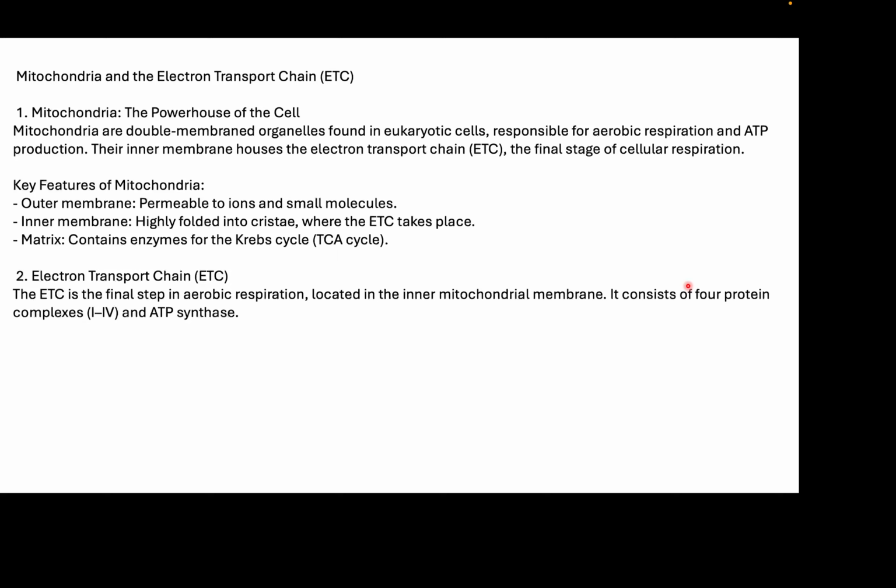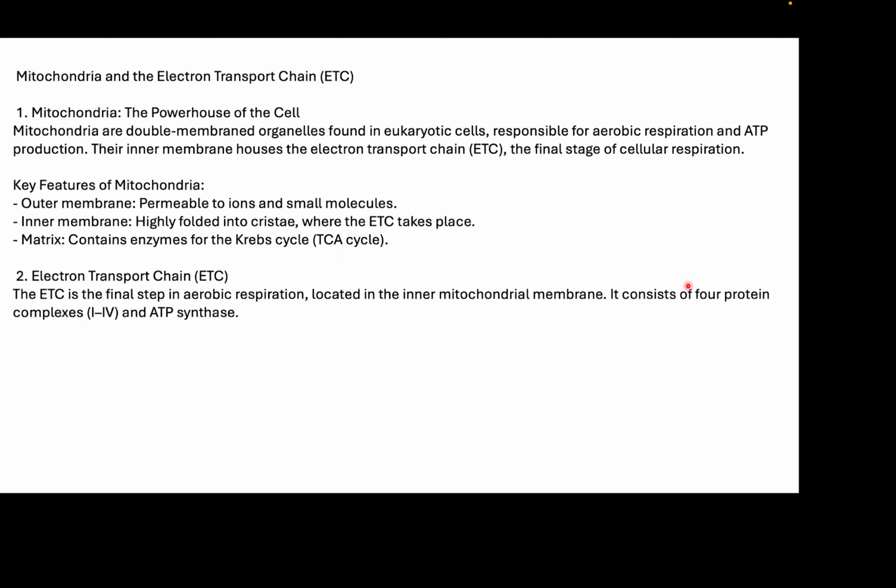When we need energy, these phosphate bonds are broken and the energy is released for the work to be done, depending upon whatever work is required at that time. So mitochondria are double membraned organelles found in eukaryotic cells, responsible for aerobic respiration and ATP production.